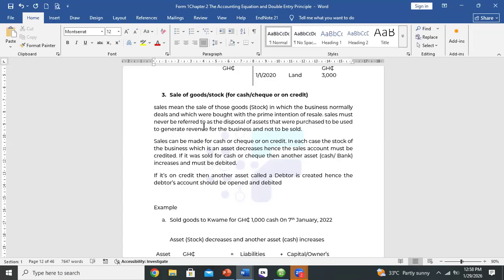The same applies to cash. You might have paid cash for a building, you might have paid cash to a creditor, or you might have received cash from a debtor. You open one cash account. We don't open several cash accounts.